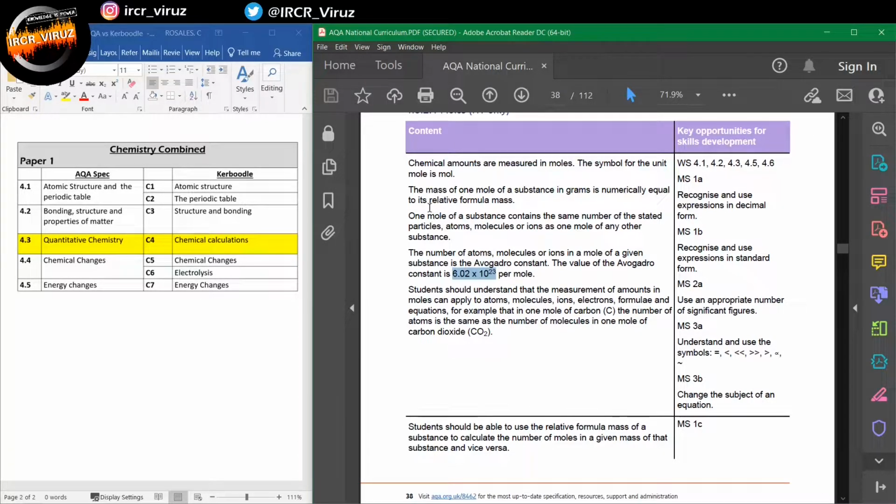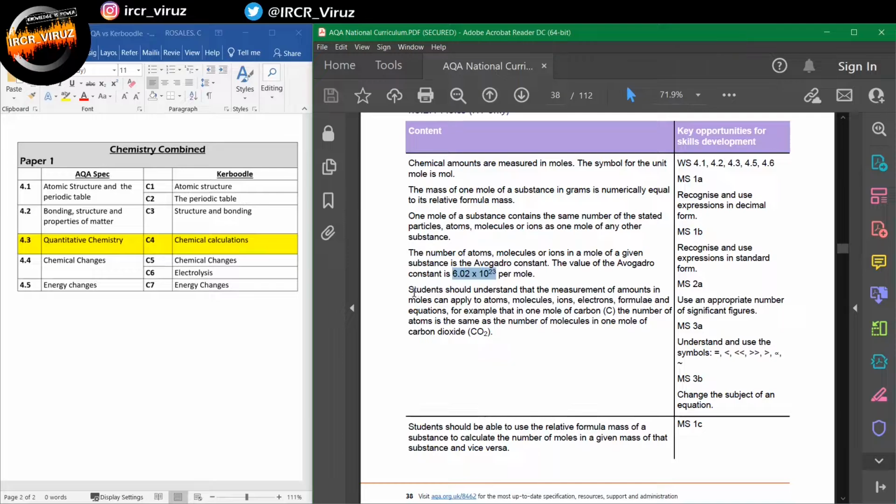So the mass of 1 mole of a substance in grams is numerically equal to the relative formula mass, okay? So if you have 1 mole of carbon, for instance, carbon is 12, so in 12 grams of carbon you're going to have a mole, and that's the number that you're looking at, okay?